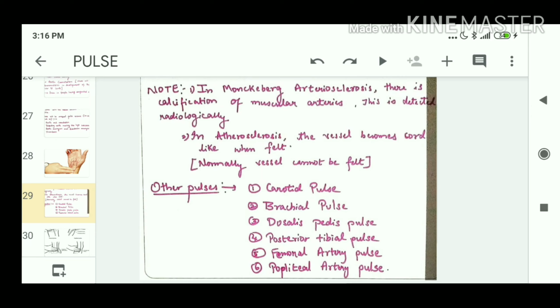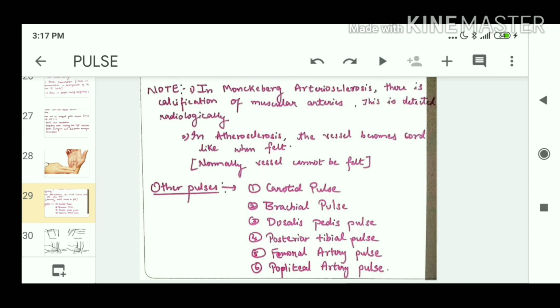What happens in arteriosclerosis is that the vessel becomes cord-like when you feel it. Normally a vessel cannot be felt, and these are the conditions of the vessels where you can feel the pulse: Monckeberg arteriosclerosis and atherosclerosis.